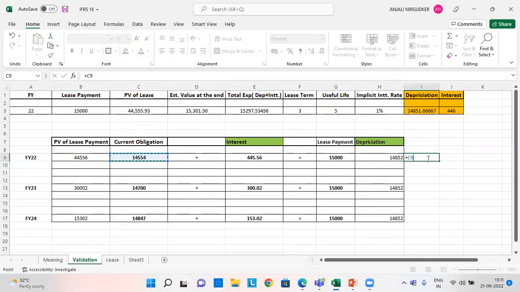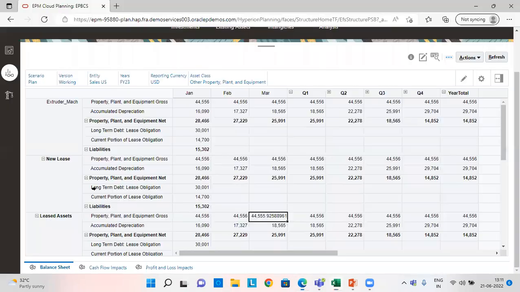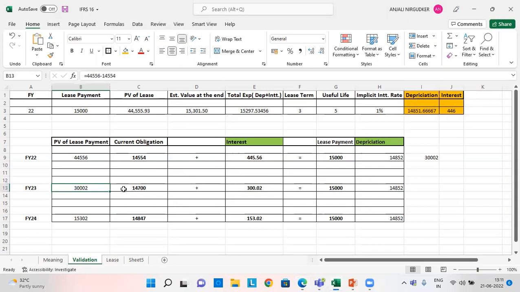This is the only amount remaining to be paid, and that's why it is shown in long-term debt as 30,000. So this also gets validated.